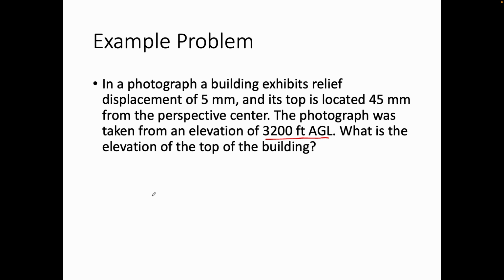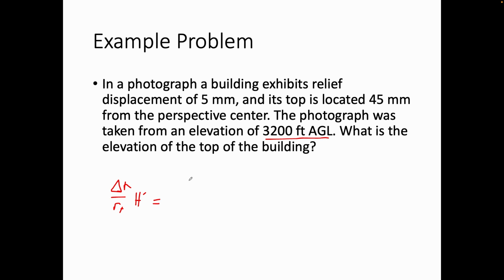So very simply, the height of the building is going to be our relief displacement, delta R, divided by r_T, times H prime, the height of the camera above the ground, or above the base of the object.